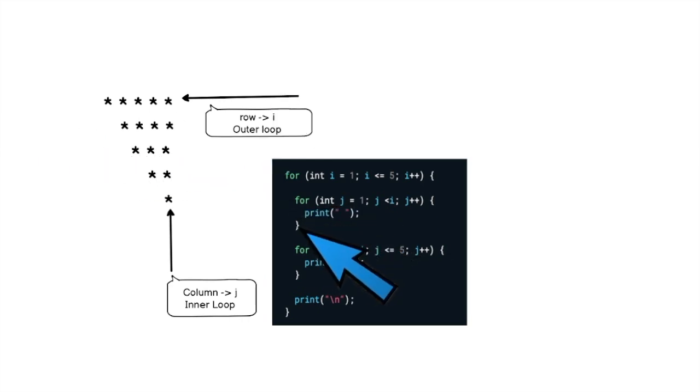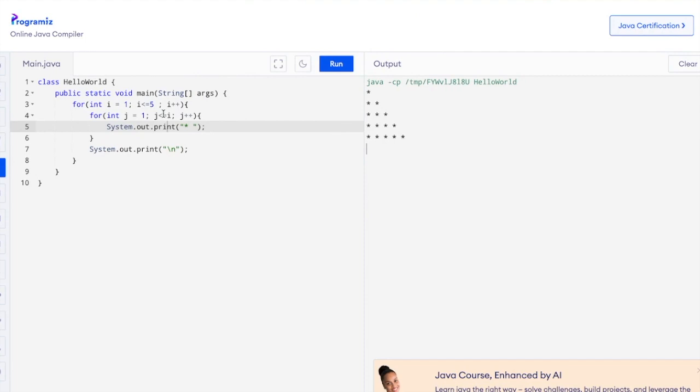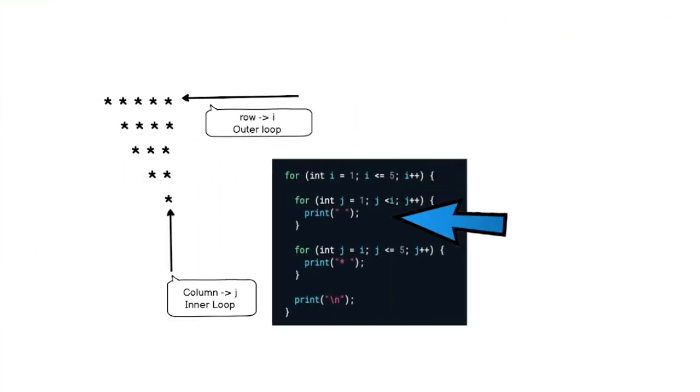So what we can write is for j equals 1. Previously we used j less than or equal to i. Here, since we want the value of j to not go up to i but rather i minus 1, we just say j is less than i, then j plus plus, and we print an empty space.